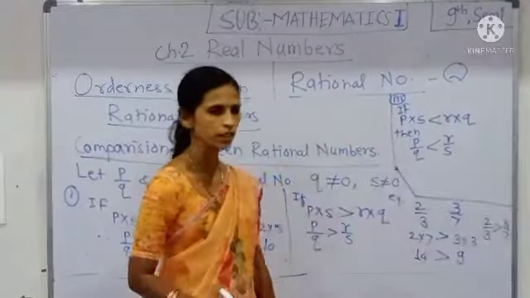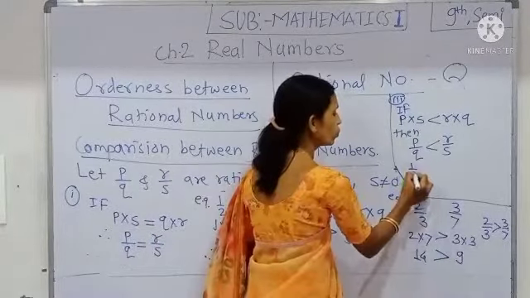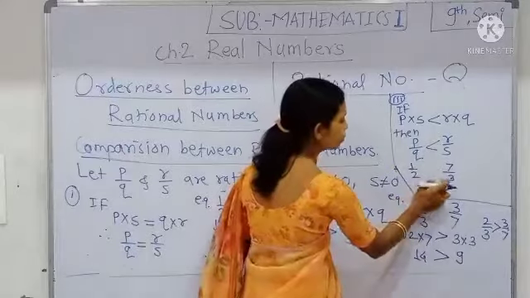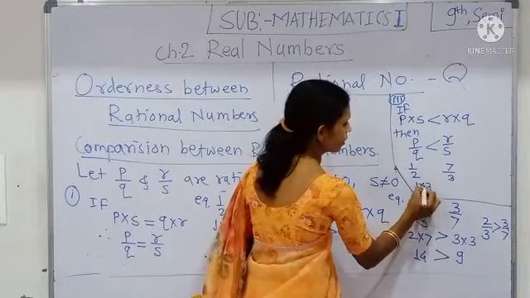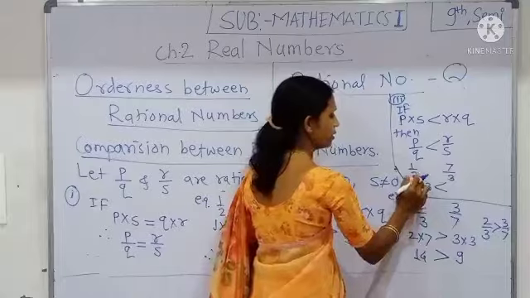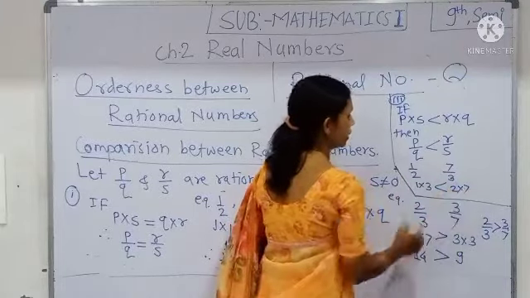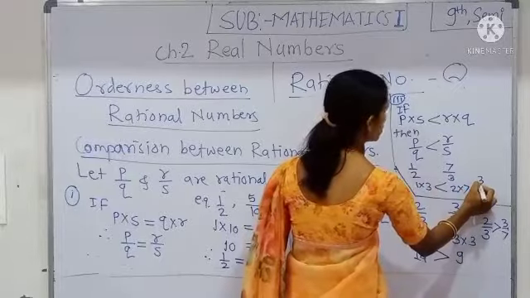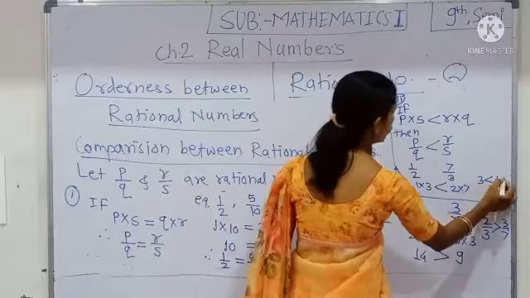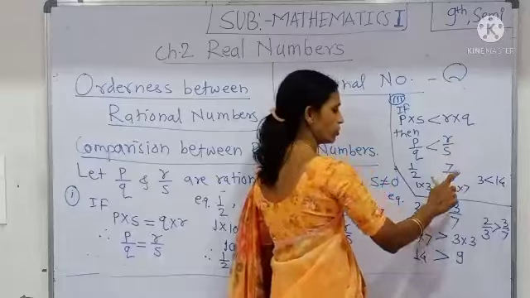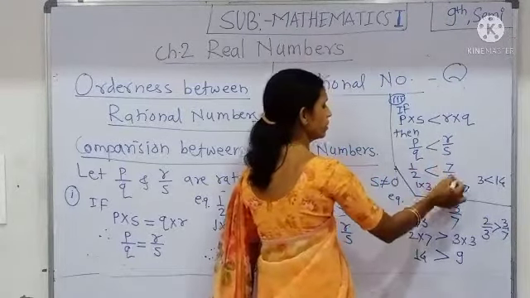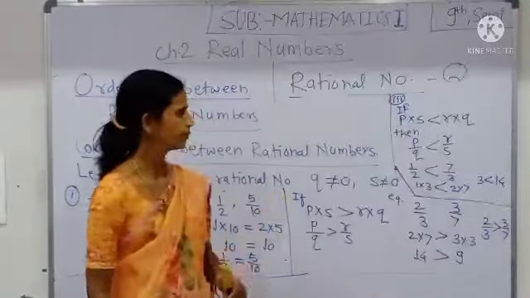here, that is 1 upon 2 and 7 upon 3. Here 1 into 3 is less than 2 into 7. That means here 1 into 3, that is 3, is smaller than 14. Therefore, here 1 upon 2 is smaller than 7 upon 3.